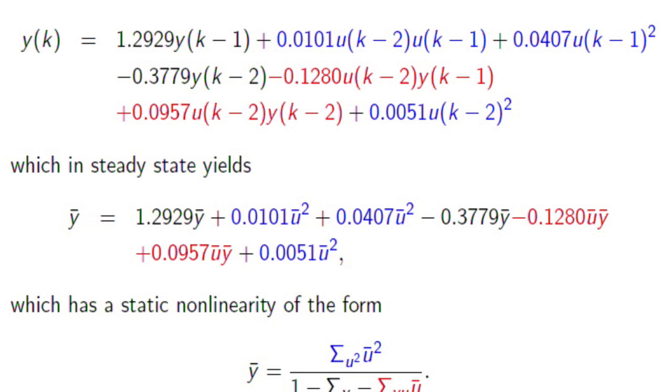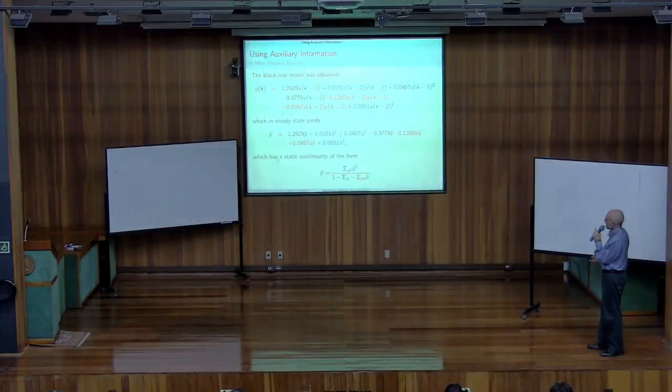So in steady state, you do steady state analysis of this, you end up with this. I did this to show you that the three terms will boil down into one single term, by adding these numbers together.